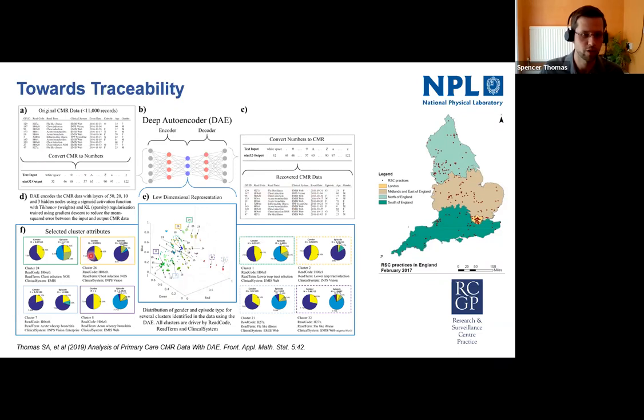And we can also look at the distribution of other things. So this is looking at the distribution of gender in these different clusters. And this is something called episode time, which is relating to the recording of it. But interestingly, you can use this to look at different biases potentially in the data. So because this is related to influenza, we wouldn't expect to see a particular difference between men and women.